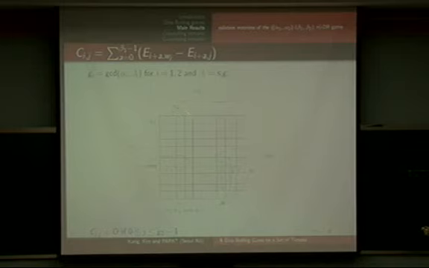Recall that G sub 2 is the greatest common divisor of alpha 2 and beta 2, and similarly G sub 1 is the greatest common divisor of alpha 1 and beta 1. And the ij entry of Cij is -1, and there are beta 1 consecutive entries which are -1. And there are also consecutive entries which are 1.